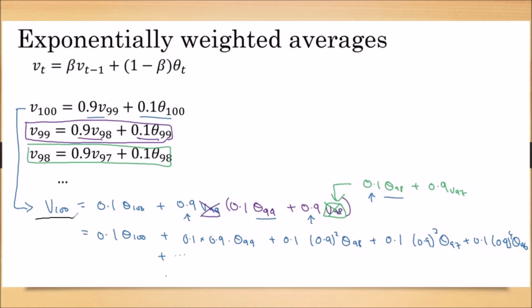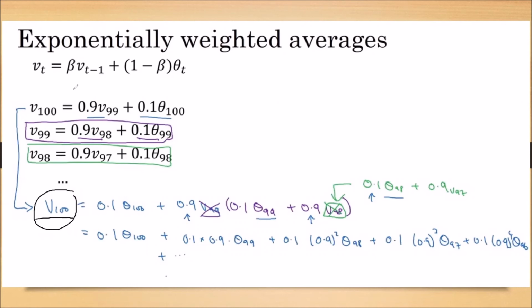The remaining 90 days' weights are not at all affecting, because the coefficients of those temperatures are very small, less than 1 by E. That's why we say V100 is calculating the 10 days temperature, from V100 to V90, the 10 days temperature average only.